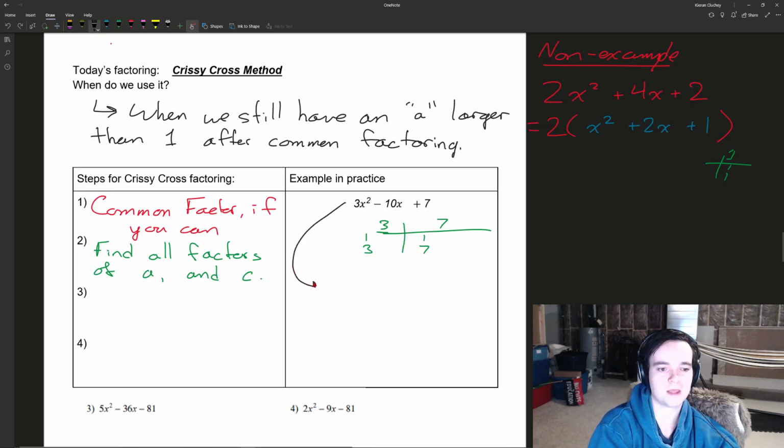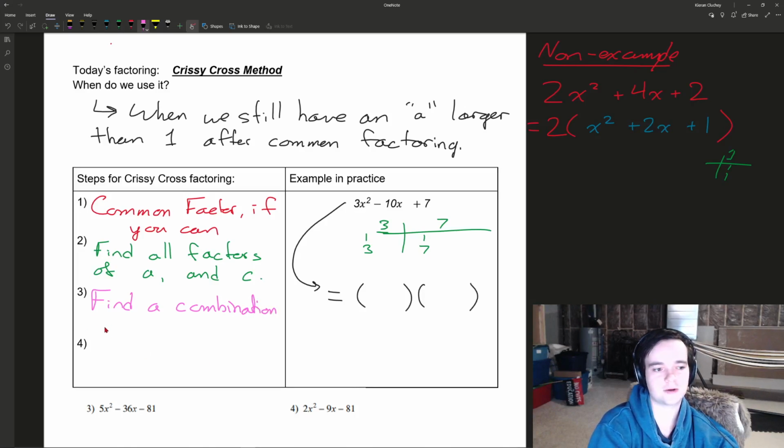So I know that I'm going to write a set of 2 brackets. What is it that I'm going to write in these brackets? What we're going to do next is find a combination.